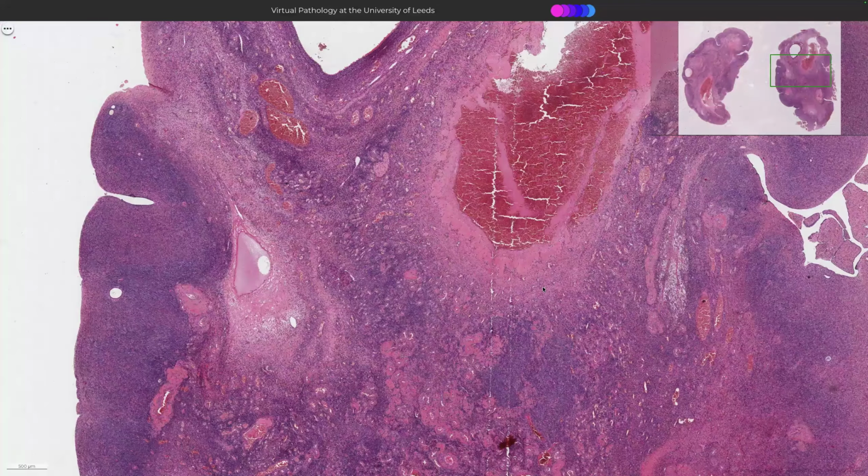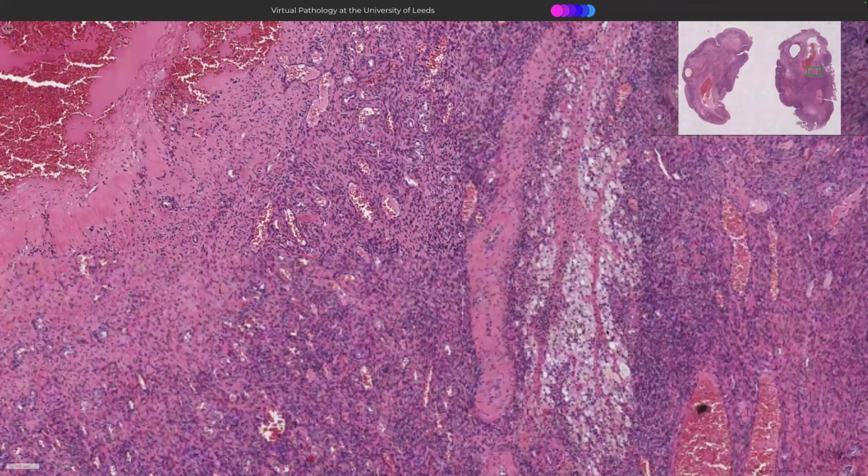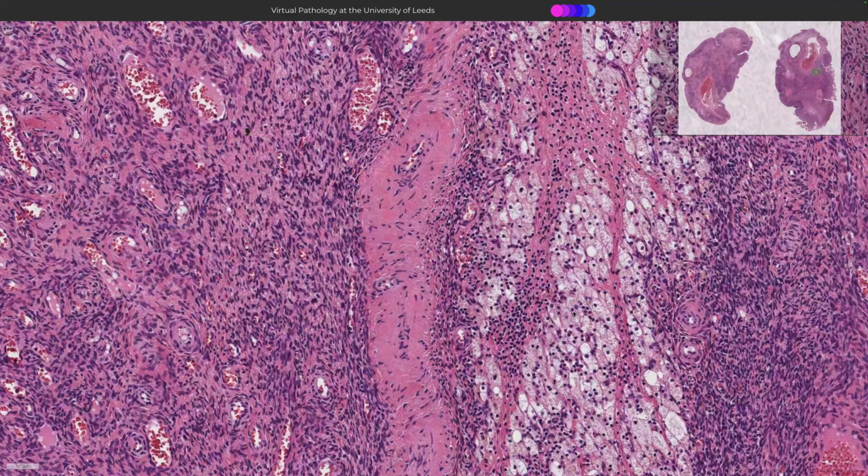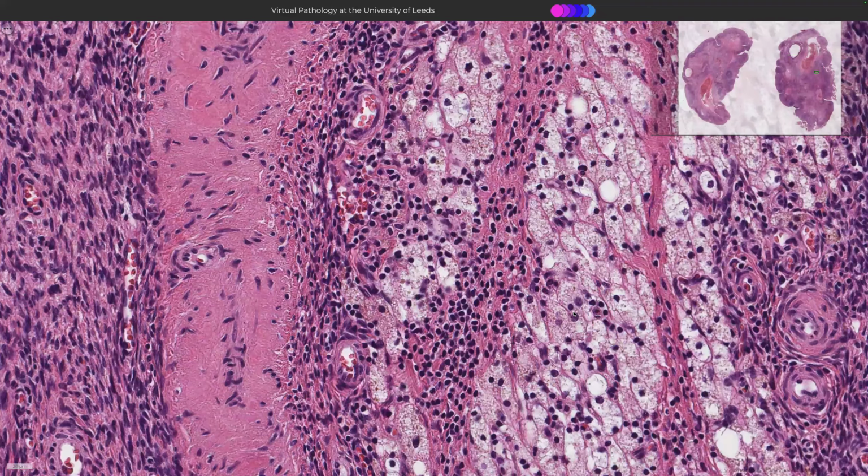Here we have a bit of an old involuting corpus luteum. So we've just got these cells left. What do you think these cells are? They've got foamy cytoplasm with lots of little vesicles in them. They aren't macrophages.